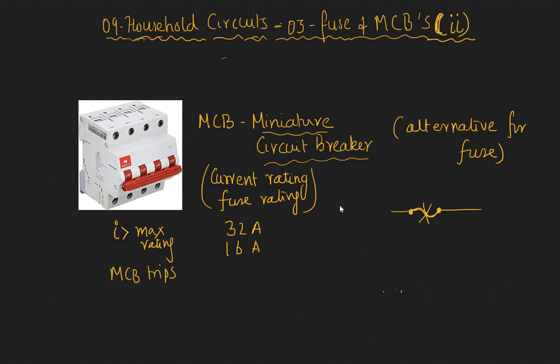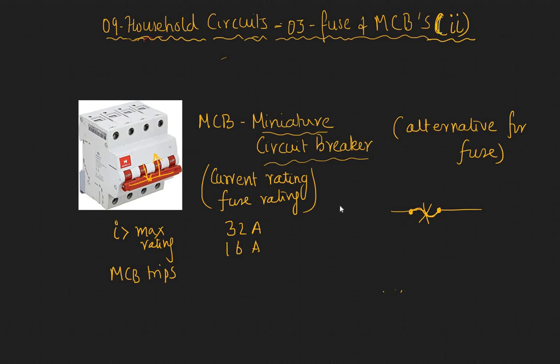That means that this whole thing goes down, and if you need to bring on the power again, you need to pull it up. That will bring back the power again. So MCB works on this principle. You don't need to rewire like what you do in fuse. When it trips, you can fix the problem inside the house and put the switch back on, and that will bring back the power, right?